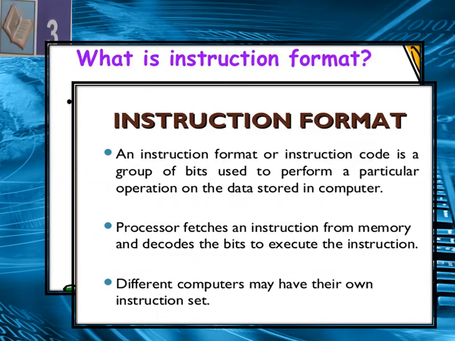Different computers may have their own instruction set. So an instruction format defines the layout of the instruction. It consists of two parts, an opcode and operand. Opcode and operand, which we have already discussed in the previous slide: opcode is the operation code and operand is the operation.